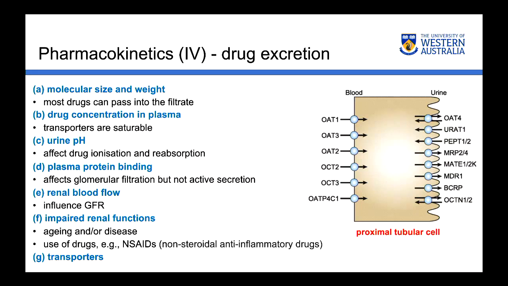Now, impaired renal functions. I briefly touched on the issue of aging and disease, but sometimes the use of other drugs can also influence renal function. One typical example is the use of non-steroidal anti-inflammatory drugs.